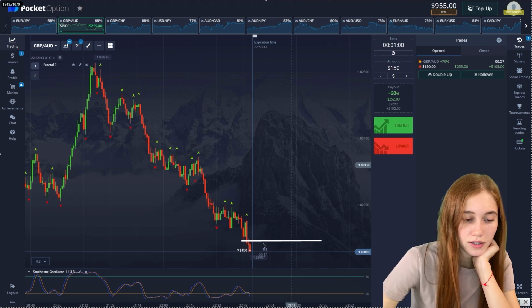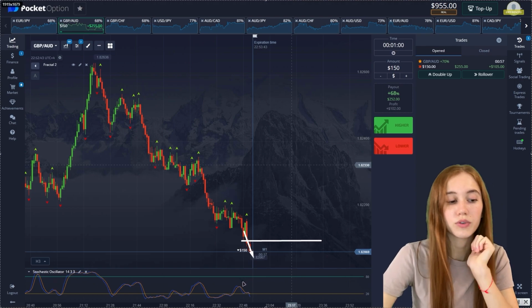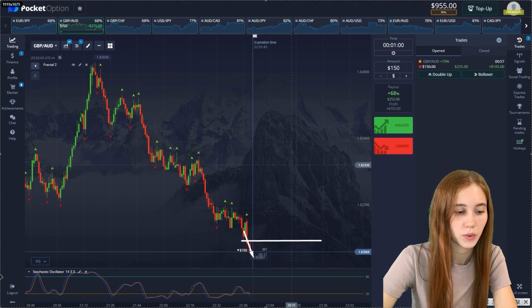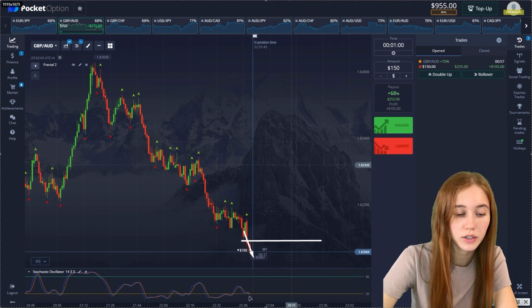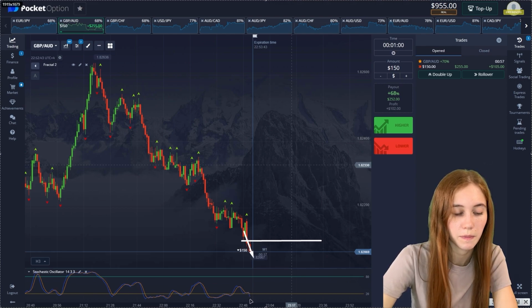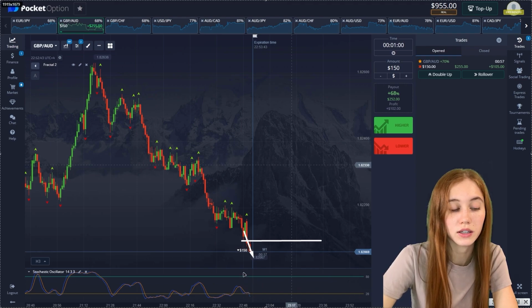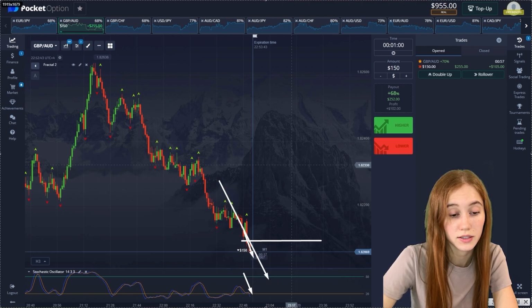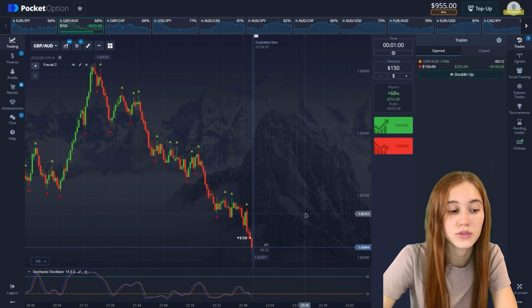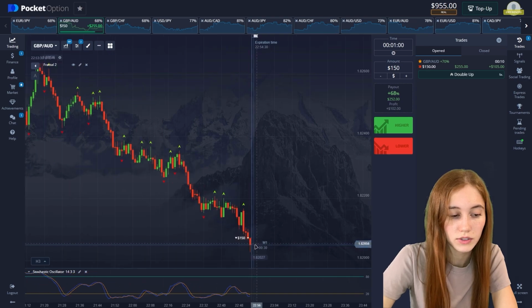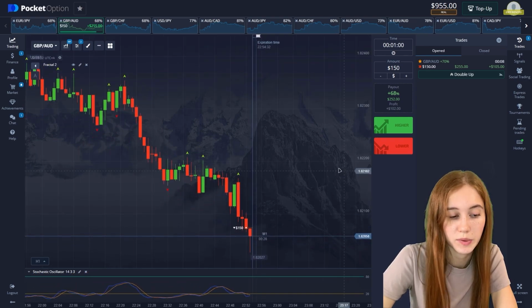Let's look at the stochastic. It shows the red prevails over blue. We also started to go below the 20 value zone. That also shows a decline in the trend. Let's see, we see that there's indeed a strong drawdown.